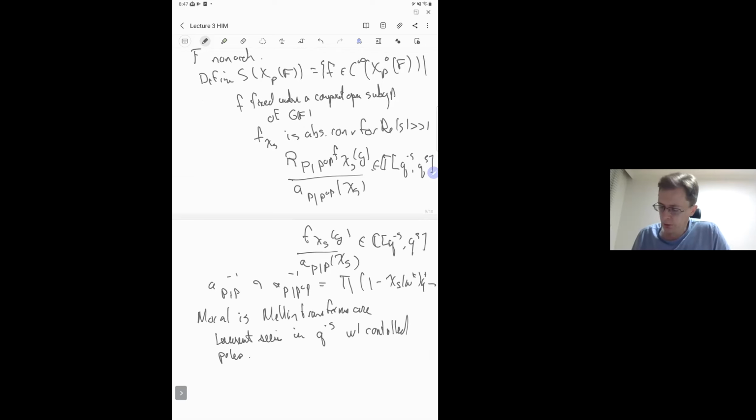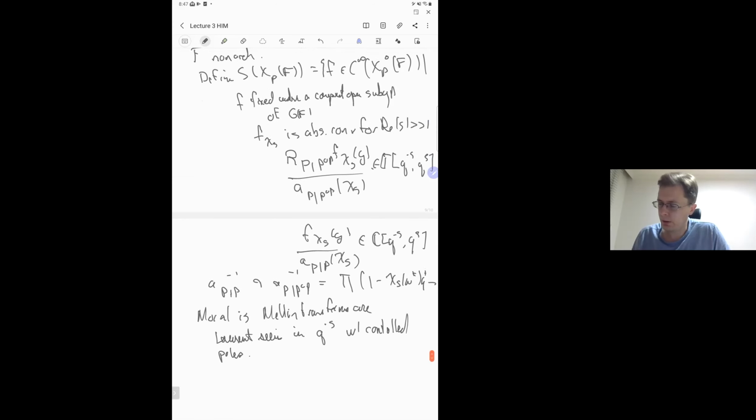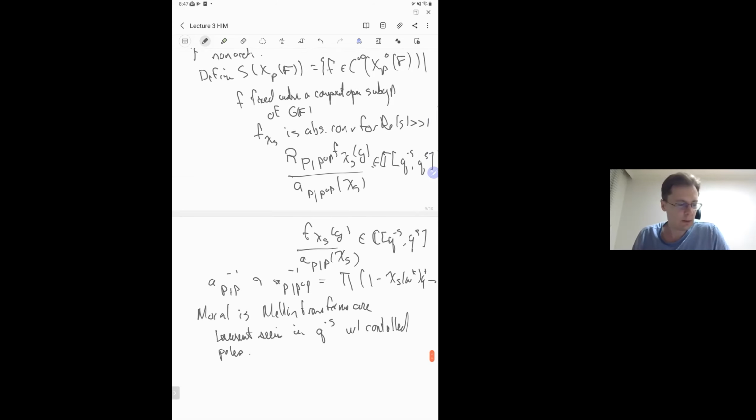And just to mention, in work in progress, we're working on giving a more functional analytic way of thinking about these conditions where you don't have to invoke the Mellin transform.